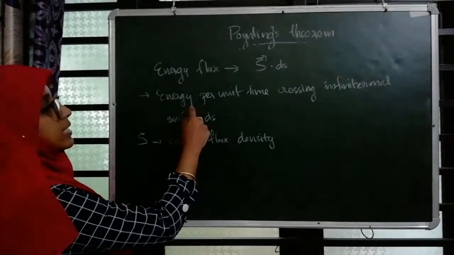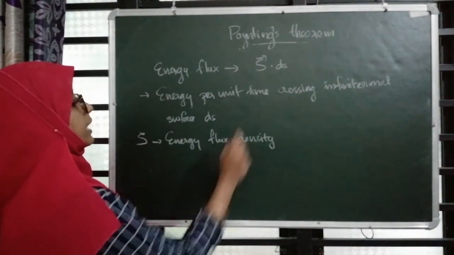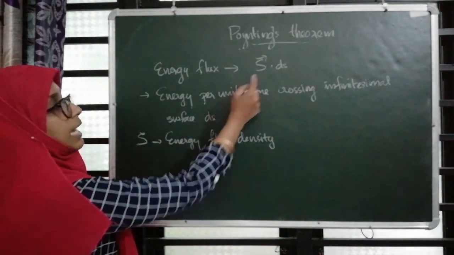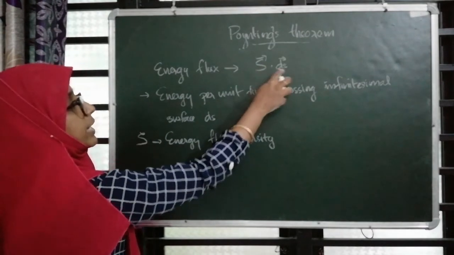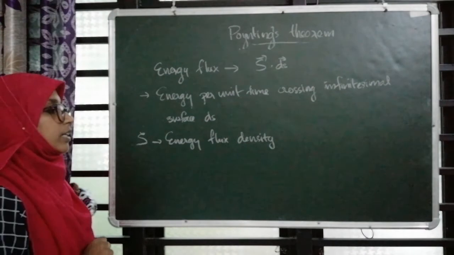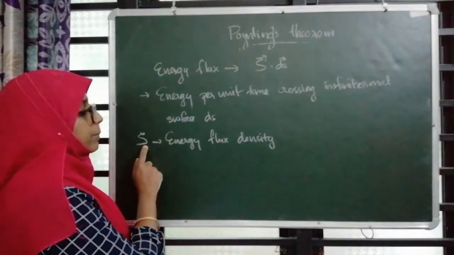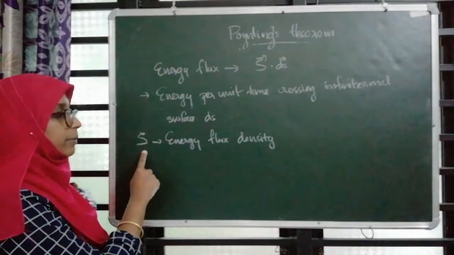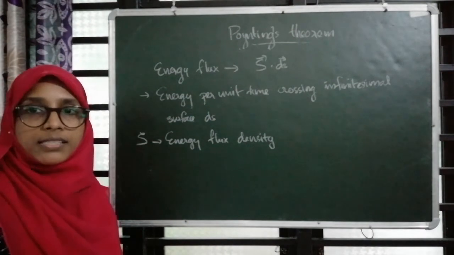Then the energy per unit time crossing the infinitesimal surface ds can be represented as S dot ds, which is known as the energy flux. In this way, the Poynting vector S can be termed the energy flux density.